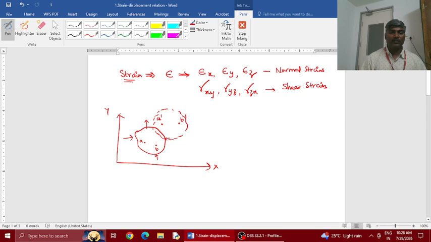Let us say length AB is equal to L naught, whereas A dash B dash is equal to, let us say, L1.